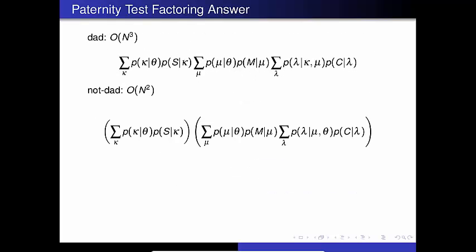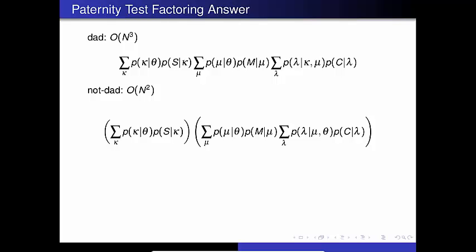When we actually write out the equation here, we've still got summation over all three of our hidden variables. We've got the same hidden variables in both cases. But instead of having a term that's got lambda, kappa, and mu all coupled together, we've only got lambda and mu coupled together. Concretely, the terms that have kappa in them don't have lambda or mu in them.